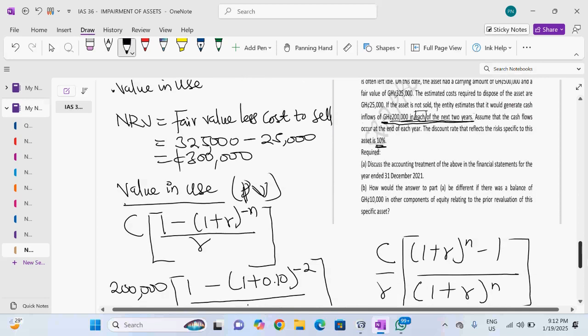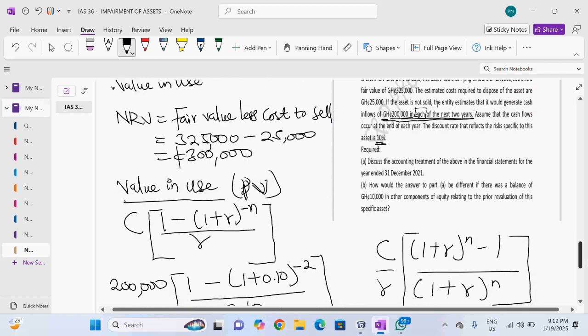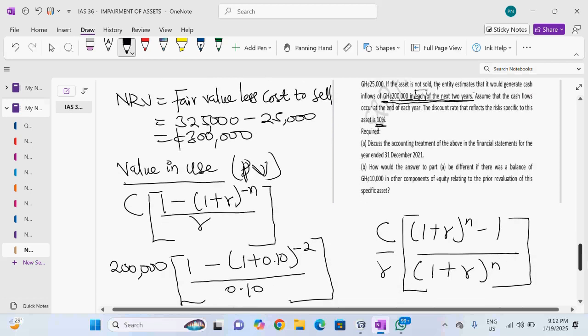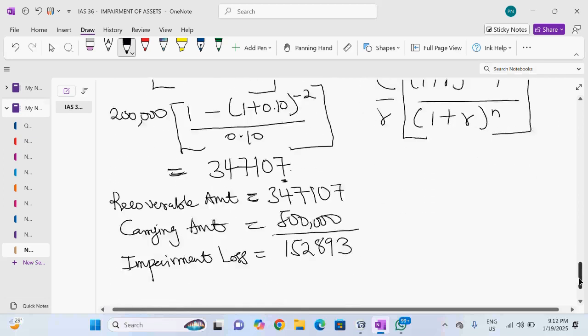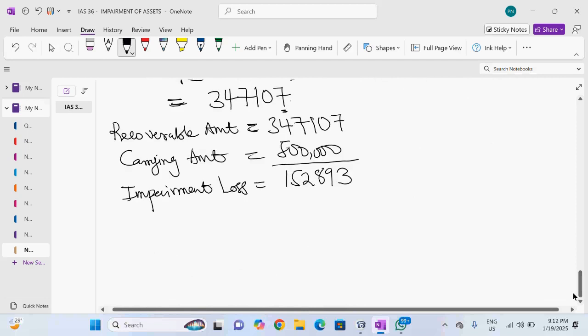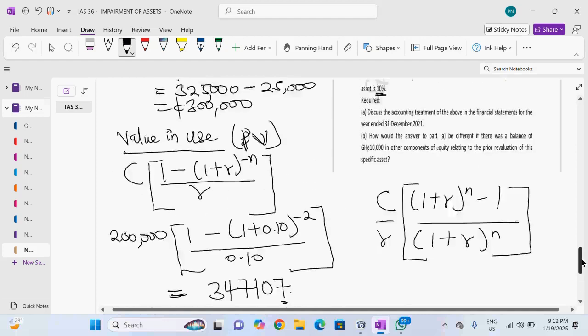Okay. How would the answer to part A be different if there was a balance of 10,000 in other components of equity relating to prior revaluation of this specific asset? Assuming other components, so that is the OCI, right?